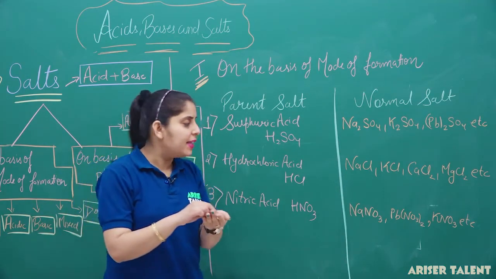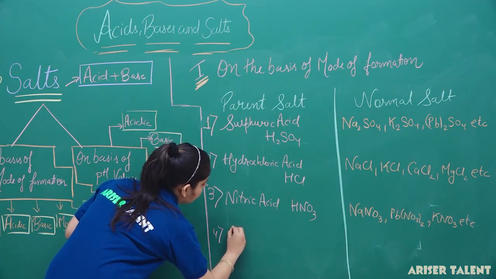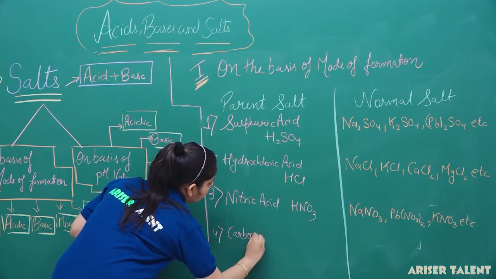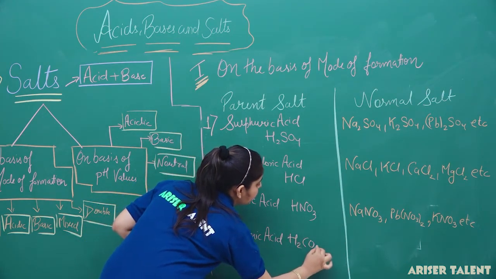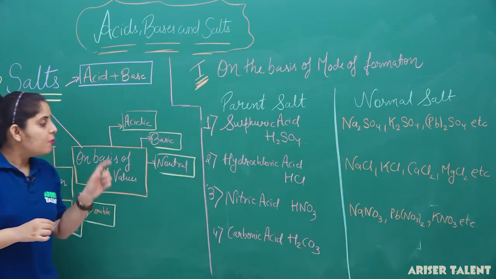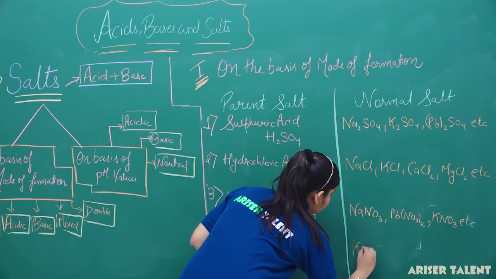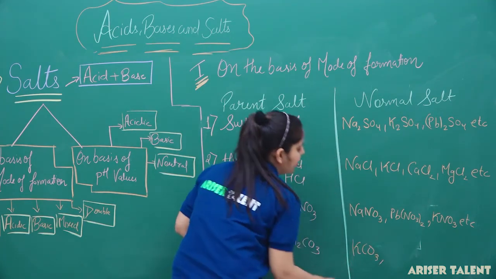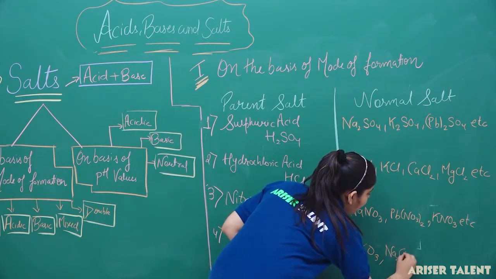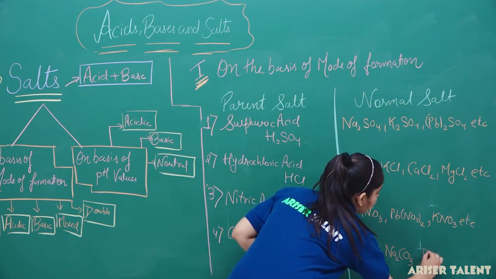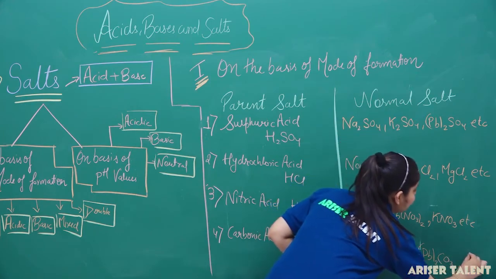Now we have our last category in this salt, that is carbonic acid. The formula for carbonic acid is H2CO3. From H2CO3 we have a variety of salts again, that is potassium carbonate, sodium carbonate, lead carbonate, calcium carbonate.